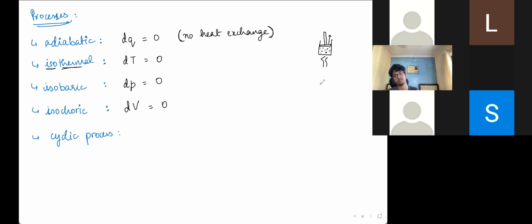Isochoric, let's say you're letting everything happen in a sealed box. The volume of this box is not changing, so whatever you do inside it, heat may change, temperature may change, whatever happens, volume is not changing. So that's an isochoric process. Okay, that way.